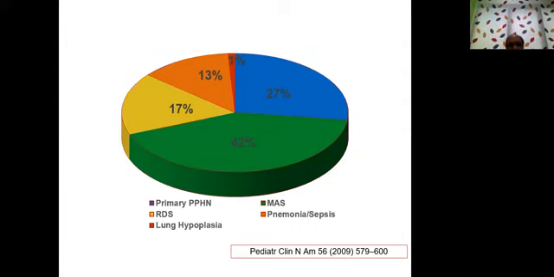Infection can be one of the causes, as pneumonia and sepsis, which contributes 17%, and around 1 to 2% is where there is a problem with lung development, or what we call lung hypoplasia. These numbers are taken from the Western literature. I think there is definitely going to be a change in our country, with meconium aspiration and infection as the primary cause, along with RDS.